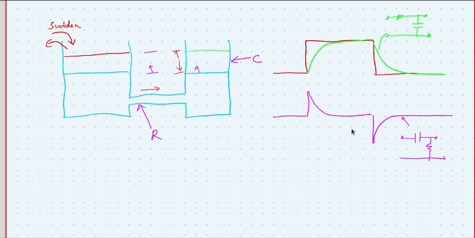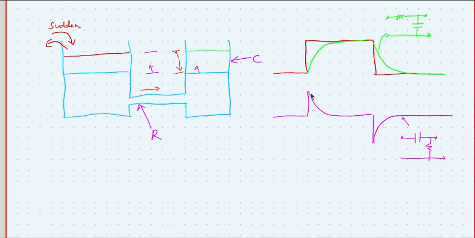If you want to make it a differentiator, then make sure that the flow is as fast as possible. So keep the pipe wider, that means low resistance for flow, or make sure that the tank is smaller so that C is small. So in turn, R into C is small.